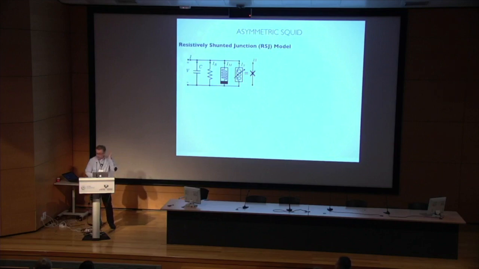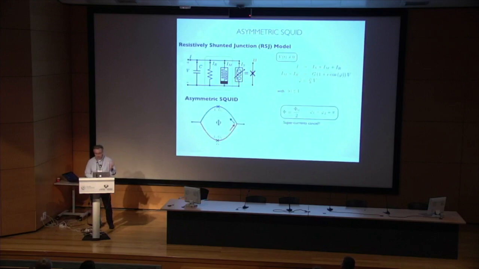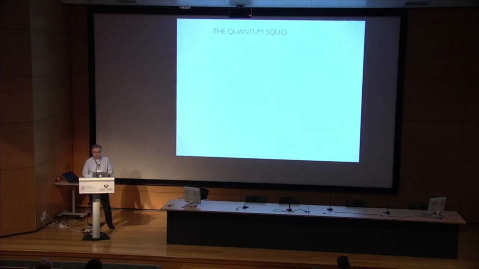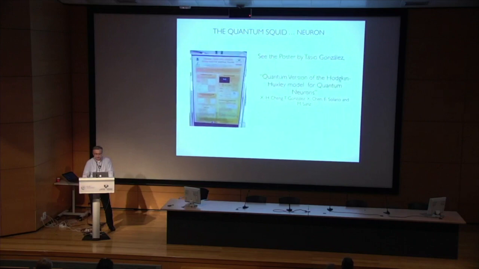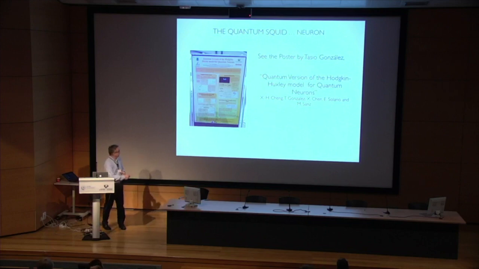In particular, this implementation in superconducting circuits was by way of an asymmetric SQUID. You can find the details in the paper. And then what was done was the quantum squid neuron. As I told you, the Hodgkin-Huxley model was actually for the giant axon of the squid. So in particular, you can check the poster by Tasio, where he's proposing a quantum version of the Hodgkin-Huxley model for this giant axon.